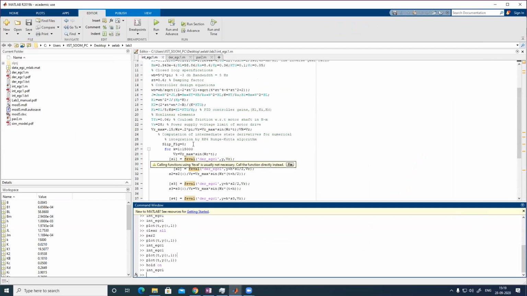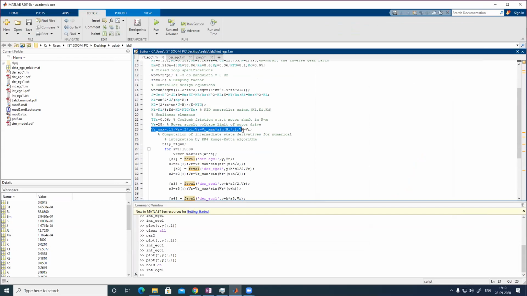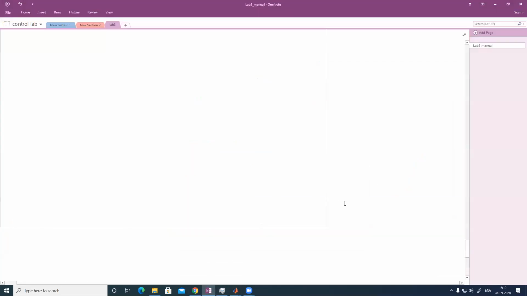This is what I sent you, but you have to set VR with respect to the value given to you. I am taking it as 0.15 and omega r equal to 0.25 only, but you have to change those values to your own, as given in the paper.